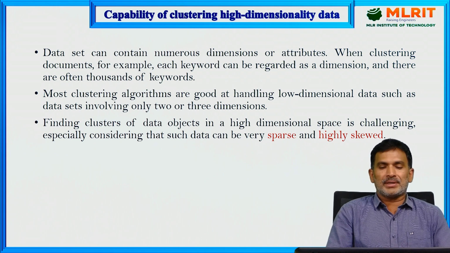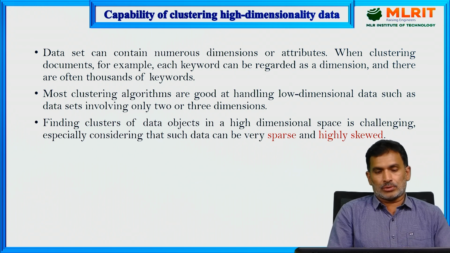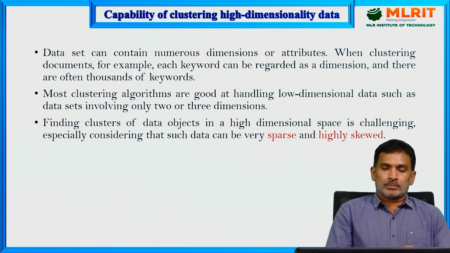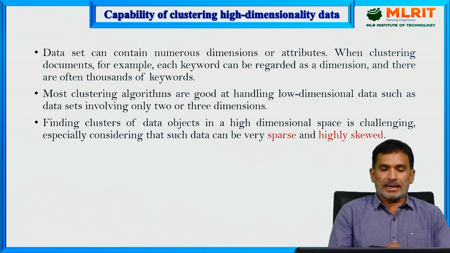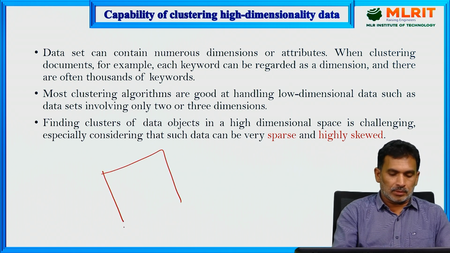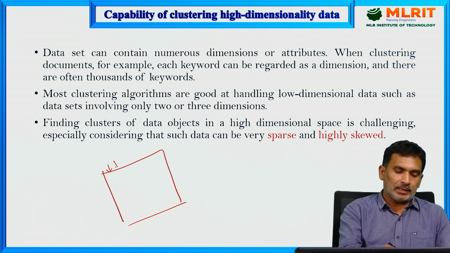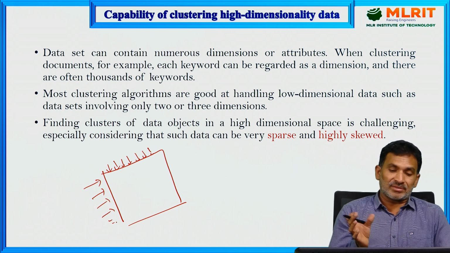Next, the capability of clustering high dimensionality data. This is another important concept that we need to understand so that we can deal with high dimensional data very effectively. Here high dimension means the number of dimensions. If you take any data set, mainly we focus on the number of attributes, and second priority, the number of tuples or objects.